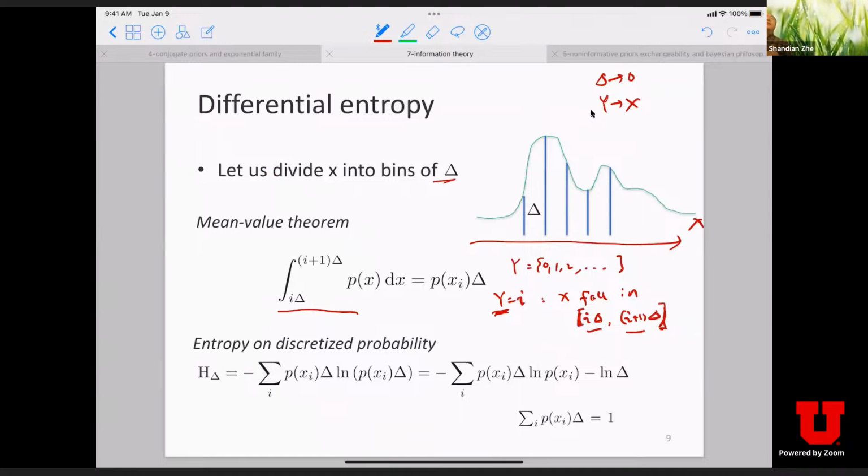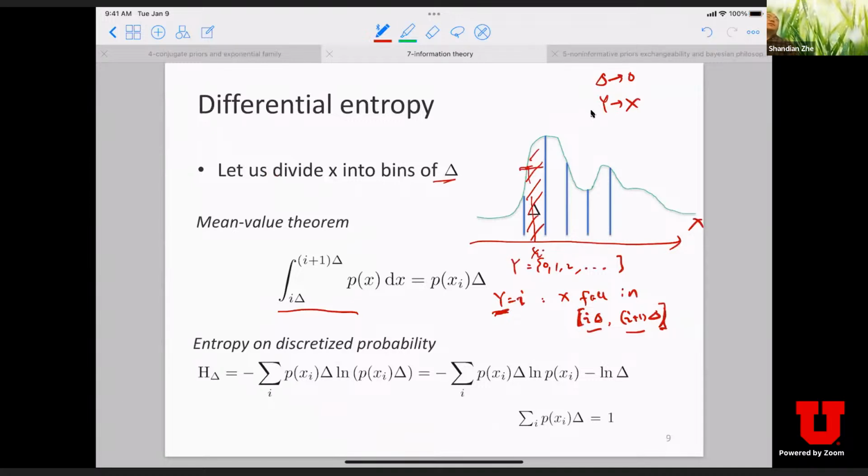According to the mean value theorem, this integral, the area of the density curve on this bin, is equal to the value at some position in this bin, say x_i, times the bin length.